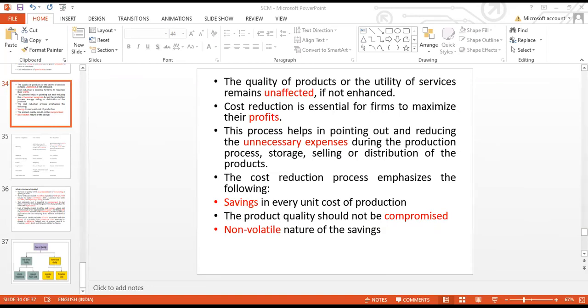So just try to understand the difference between traditional cost techniques and strategic cost techniques.